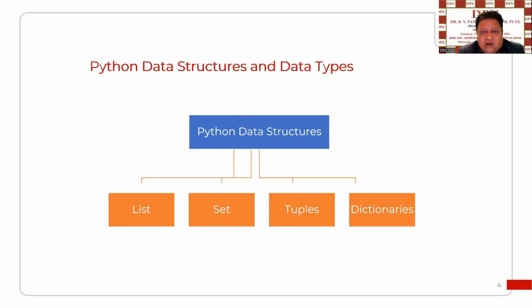And if you talk about the non-primary data types, which are also built in, they are list, set, tuple, and dictionary. So overall, we can say that there are 8 data types available in Python, 4 of which are primary and the other 4 are non-primary.